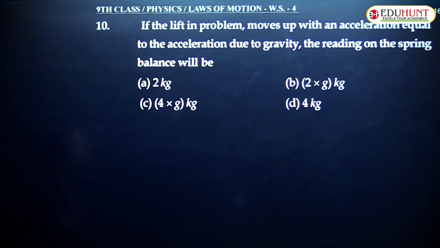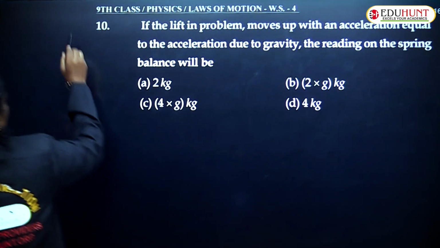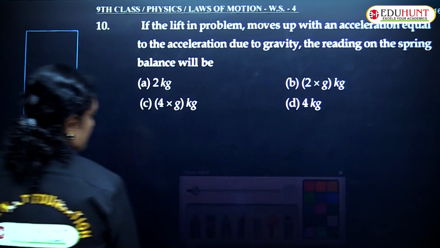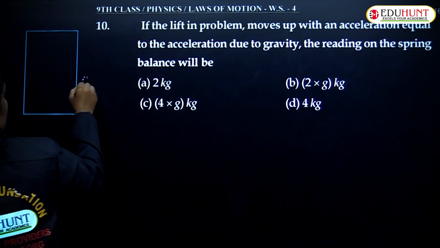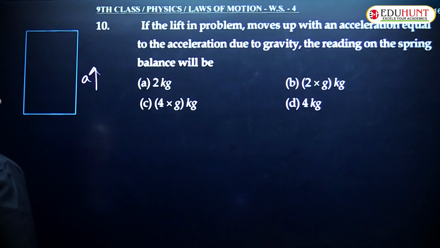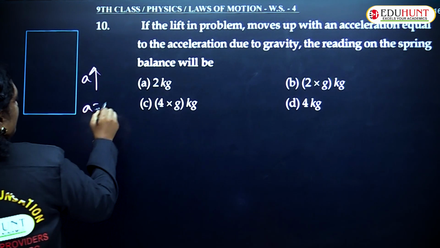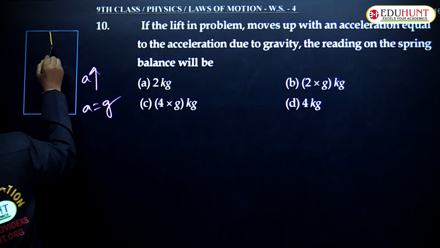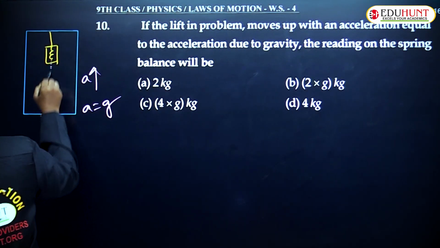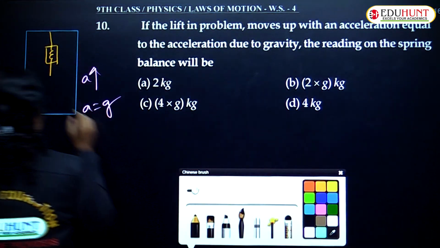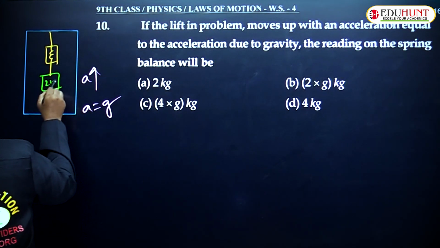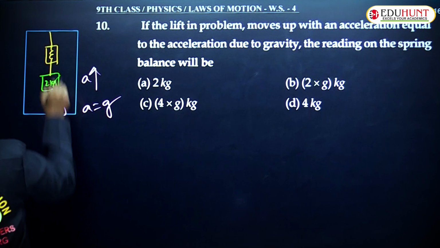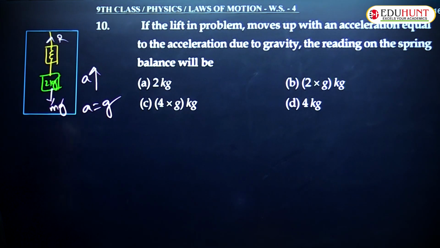Again, the same problem is continued. So, the same lift was given. Okay, and this lift is moving upwards with some acceleration, and this acceleration now is given as acceleration due to gravity. The same spring balance to which a body of mass 2 kg is being connected, and given that its weight is acting downwards, normal reaction force is acting upwards.